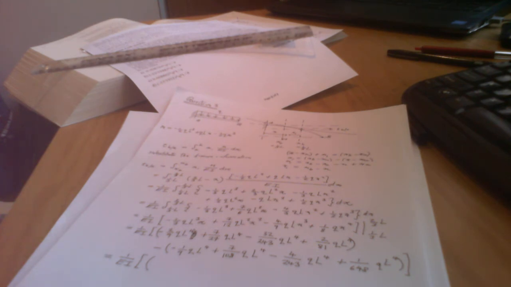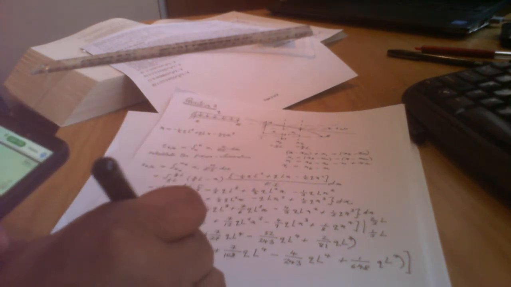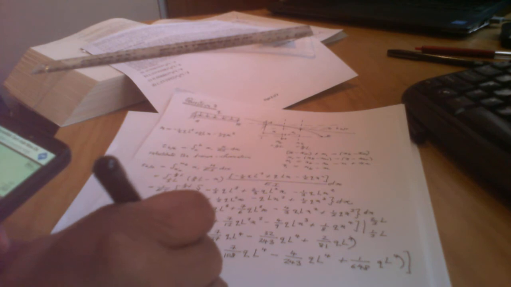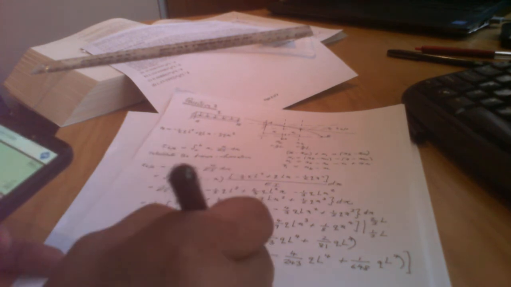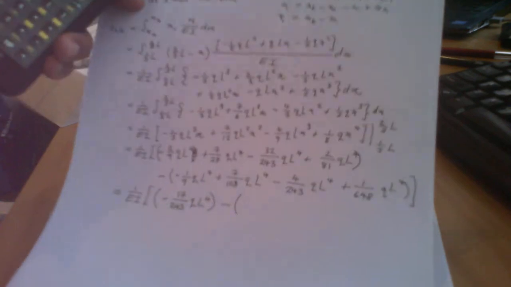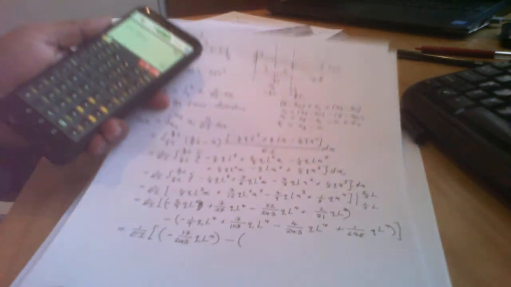So it would be minus 2/9 plus 7/27 minus 32/243 plus 2/81, which is minus 17/243 QL to the 4th power, minus the integral of all of this stuff taken together.